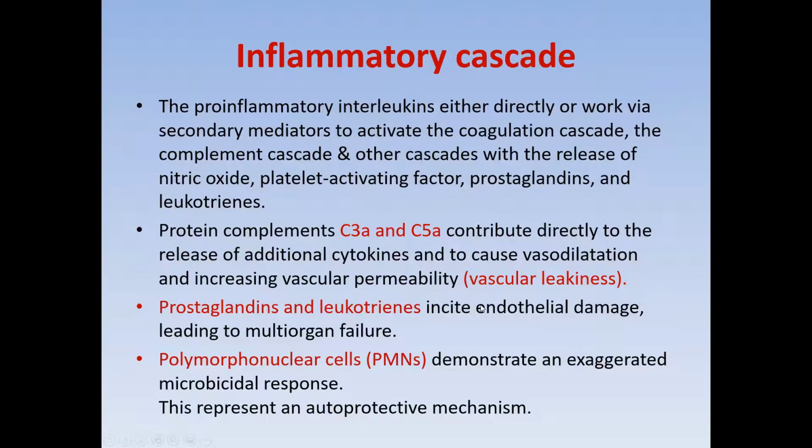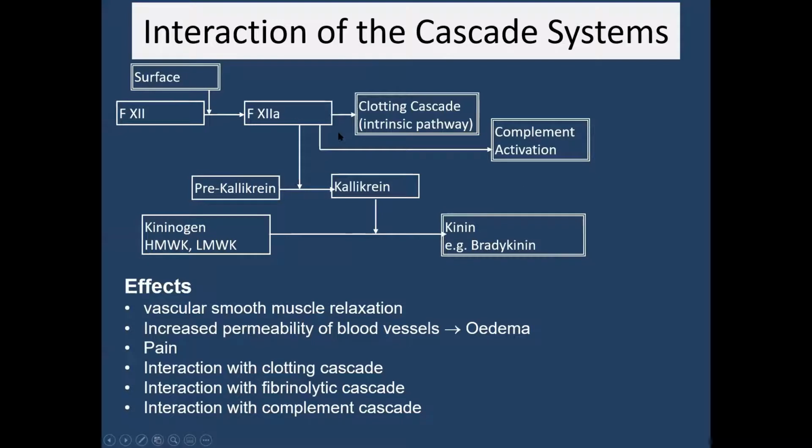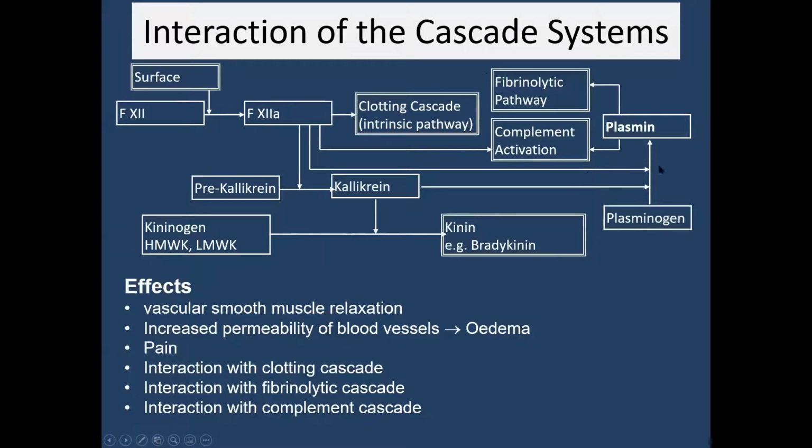This table shows the interaction of the various cascade systems. Some of the cascade systems, such as the coagulation cascade system, kallikrein system, and kininogen system, are shown here. Others are not shown, the complement system and the plasminogen system.